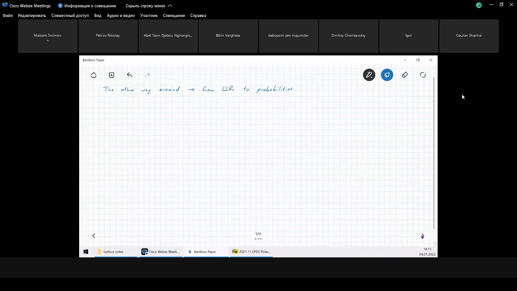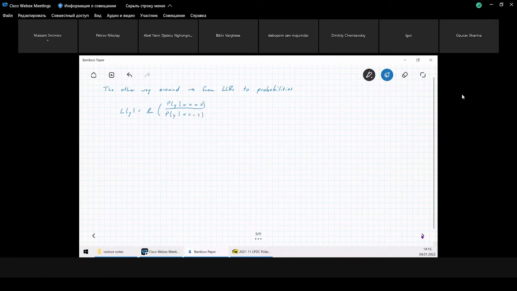So we know basically the L of y is the ln of the probabilities that for a certain observation y given x being +1 divided by the probability of y given x is -1.